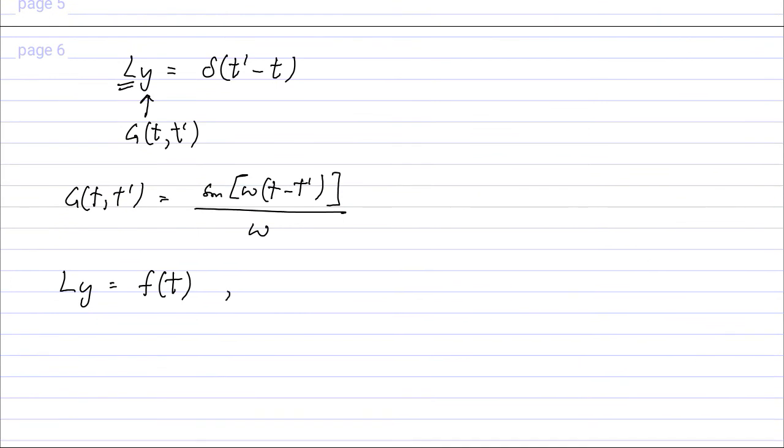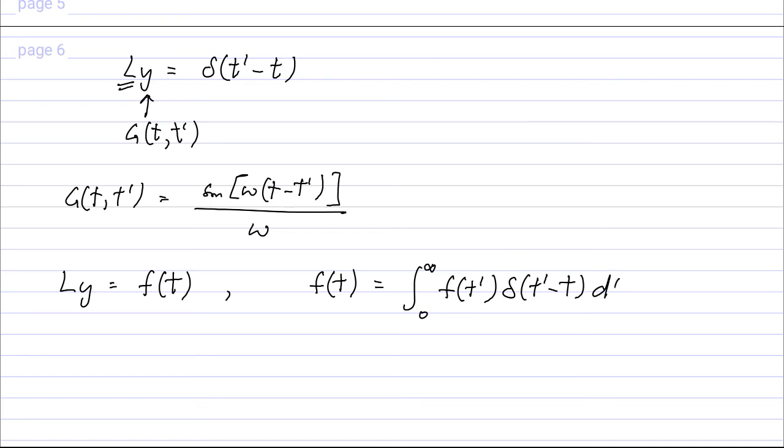Now f of t I can always write as the integral from 0 to infinity of f of t prime delta of t prime minus t dt prime, by using the definition of the Dirac delta function. And I'm assuming over here, of course, that the force is 0 anyway for times less than 0.